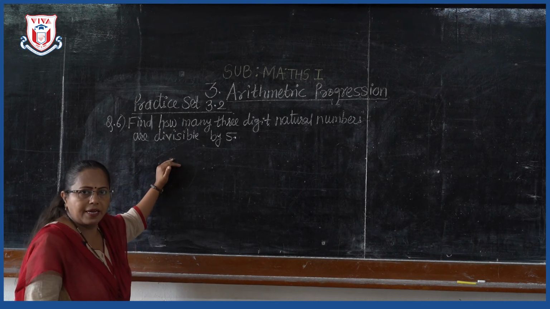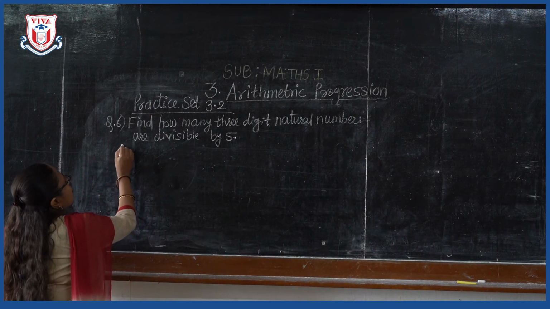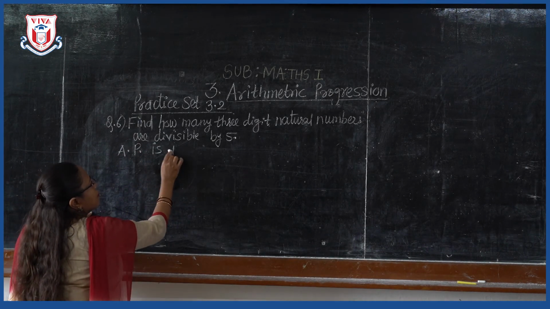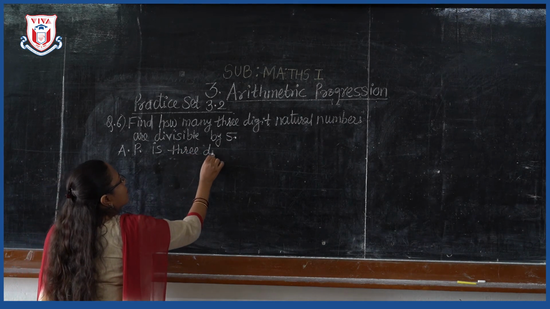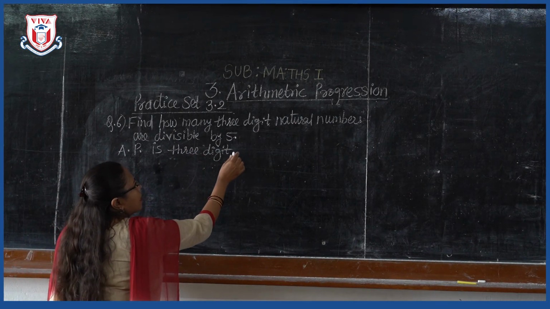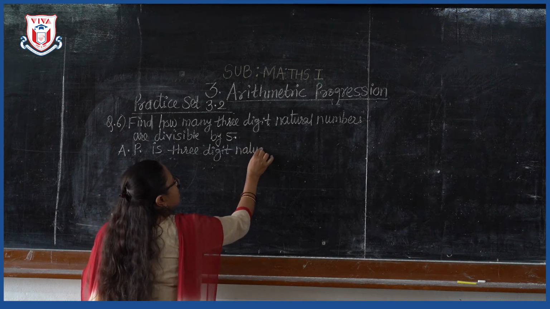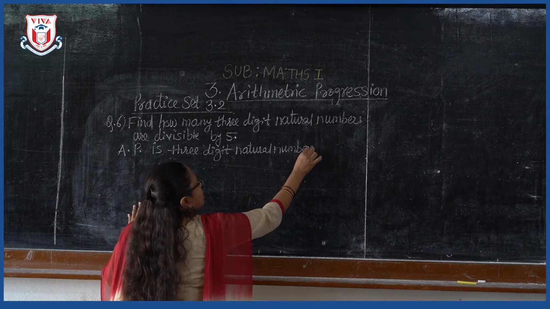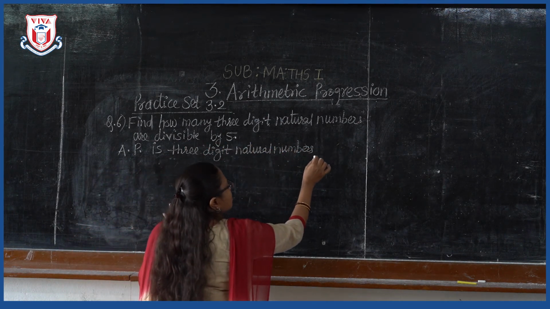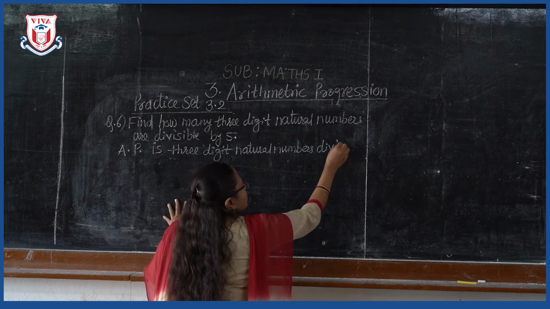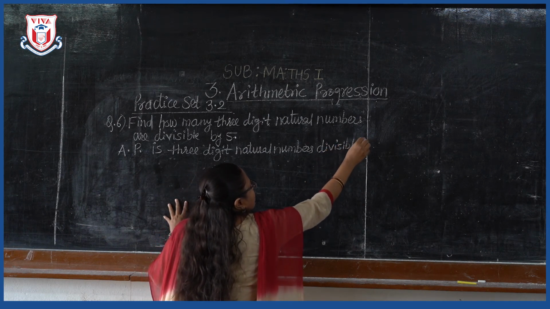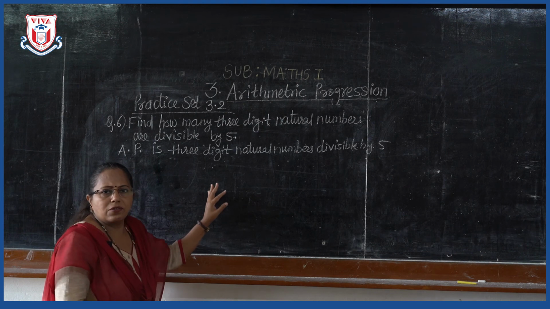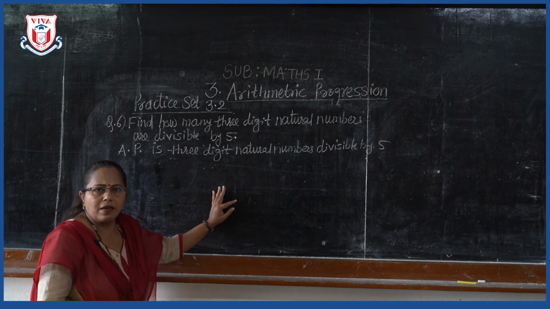So first we will create the AP. The AP is 3-digit natural numbers divisible by 5. So let us find the list of 3-digit numbers which are divisible by 5.